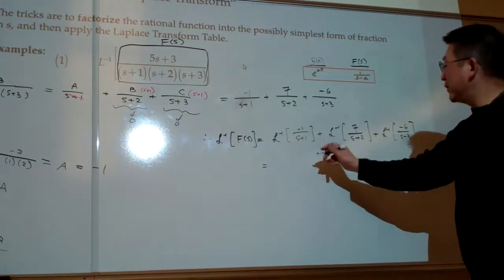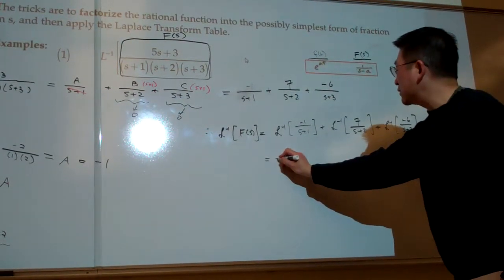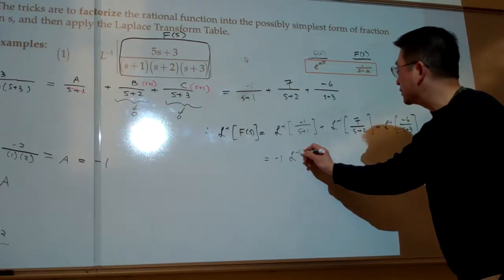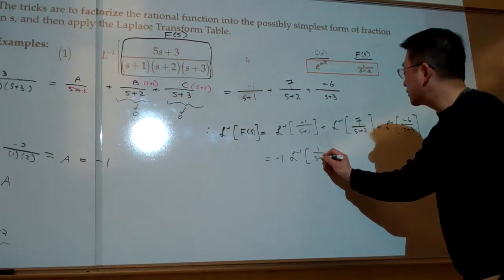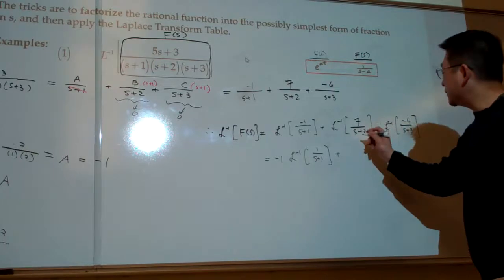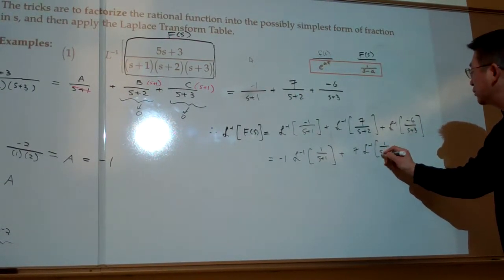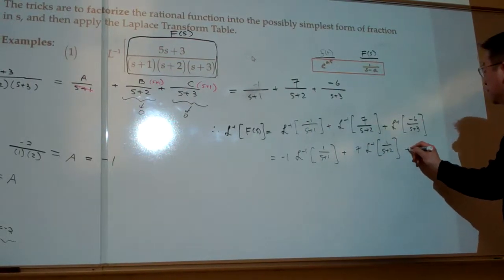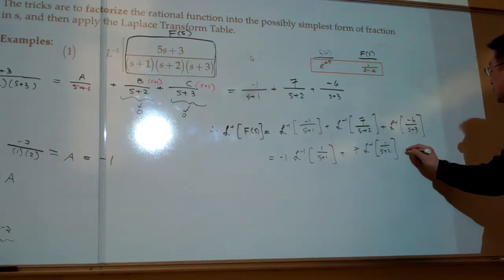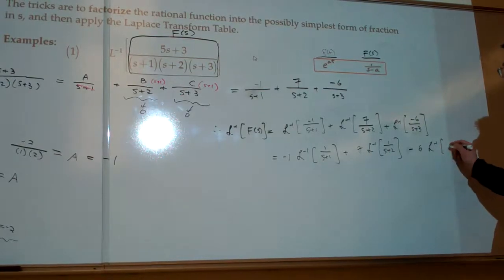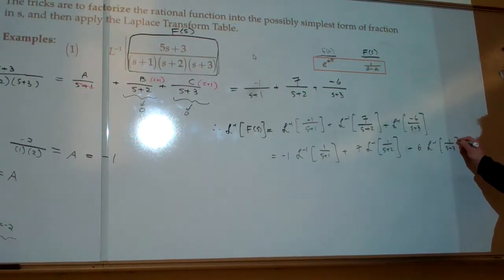Now let me do this one more step: the inverse Laplace of 1 over (s plus 1), and let me take the coefficients out for 7 over (s plus 2) and minus 6 over (s plus 3).